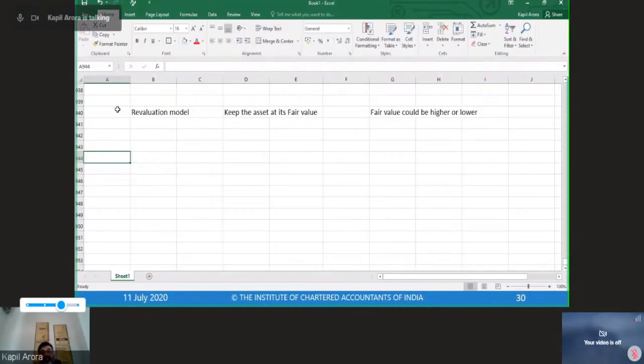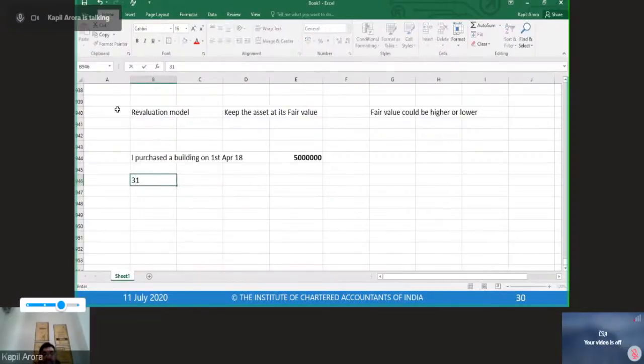I purchased a building on 1st April 18 for 50 lakhs. I purchased the building for 50 lakhs.